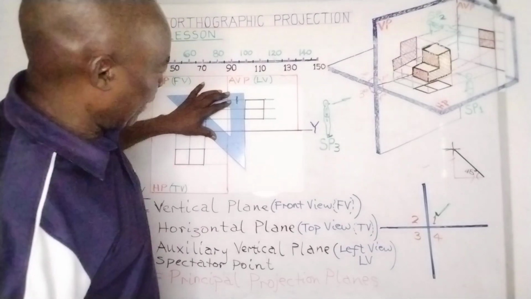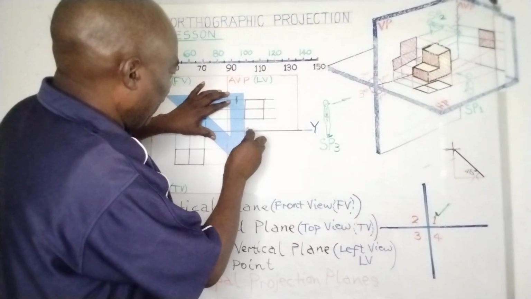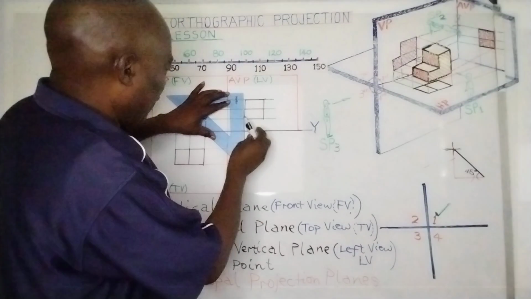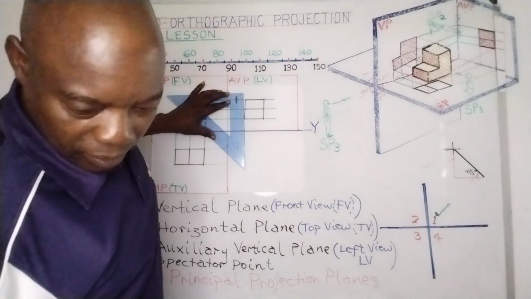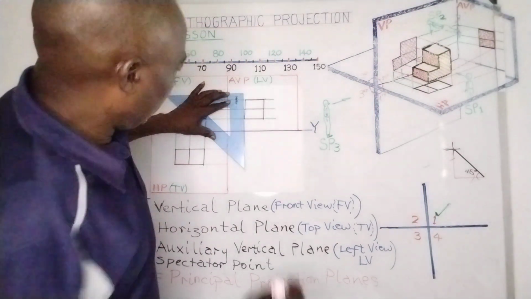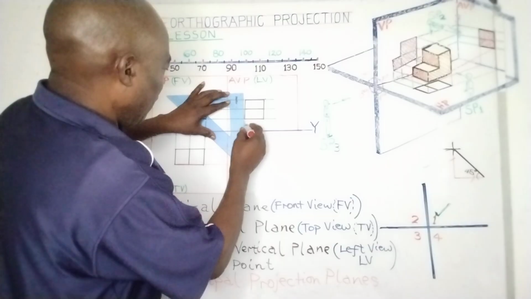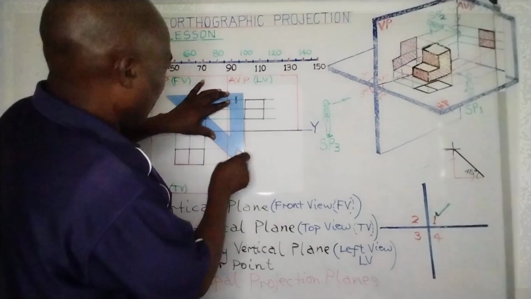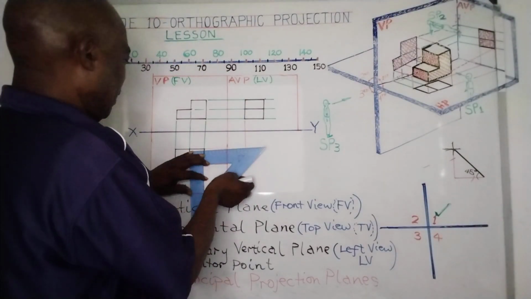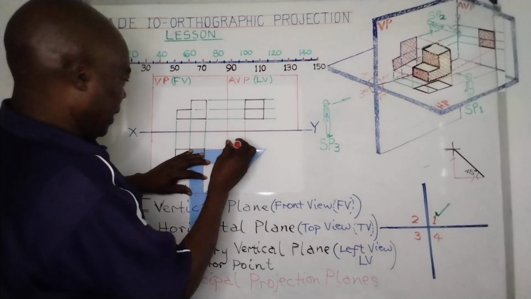And then after that, you can even close your eyes and then project these lines. So this we've projected already. Now is this. Every other detail is projected to that 45-degree line.